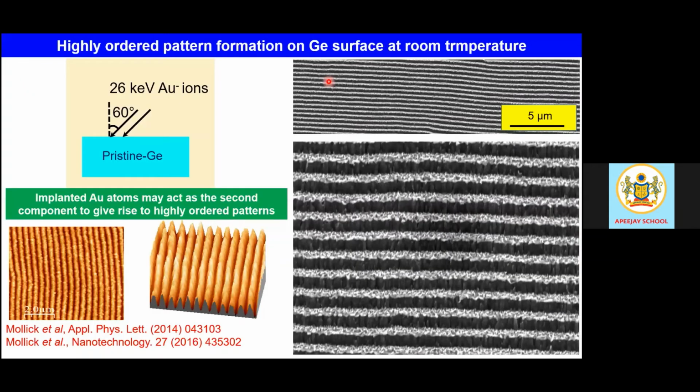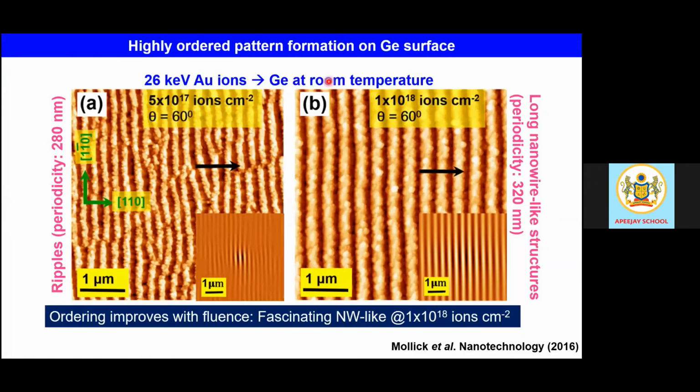For higher energetic ions, much higher than 500 electron volt or 1 kilo electron volt, if we intend to create such highly ordered patterns, it is mandatory to alter the near surface composition, and that can be done only by the choice of the incident ion, a heavy ion which can give rise to the phase formation, and subsequently phase separation does take place. That is in nobody's control. Okay, so the change in the near surface composition is an important factor to create such fascinating patterns.